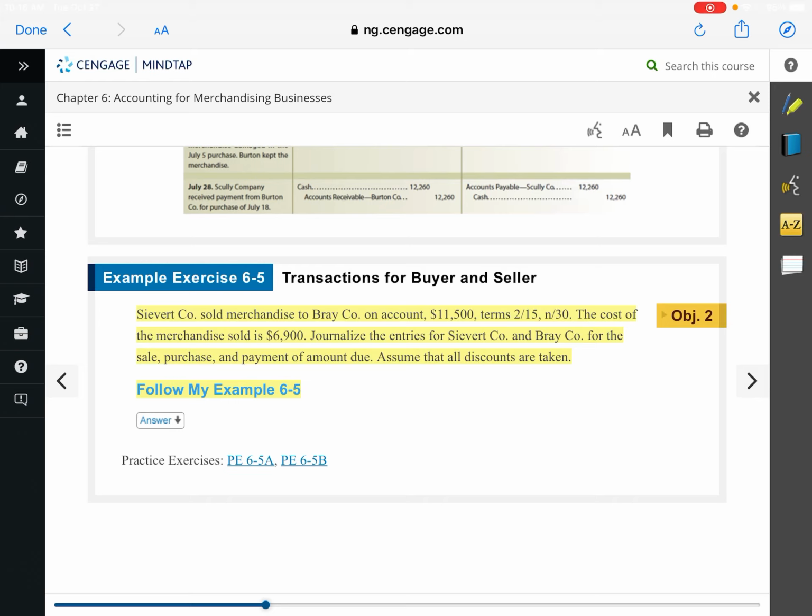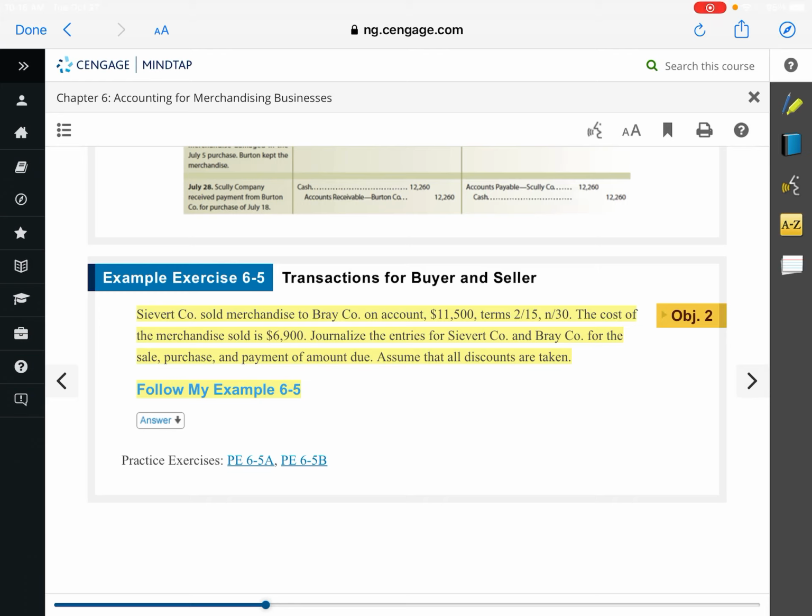So the 2% doesn't pertain to the cost of the merchandise sold? No, so you would record your cost for what you actually paid for it. Like if you spent $1,000 on a shirt and you bought it to sell in your store, but you sold it at a 50% discount, say, you still paid $1,000 for the shirt to be able to sell in your store.